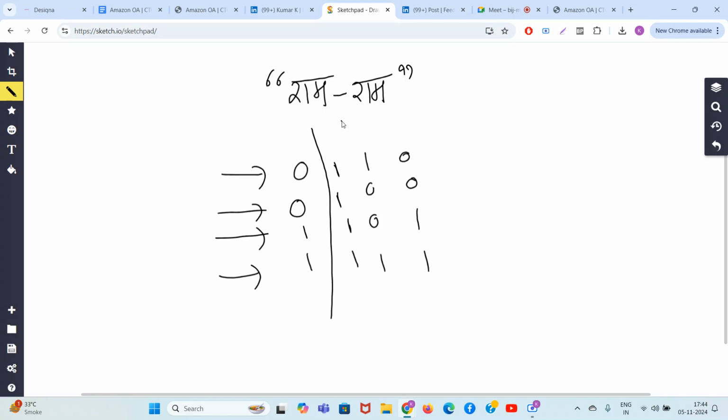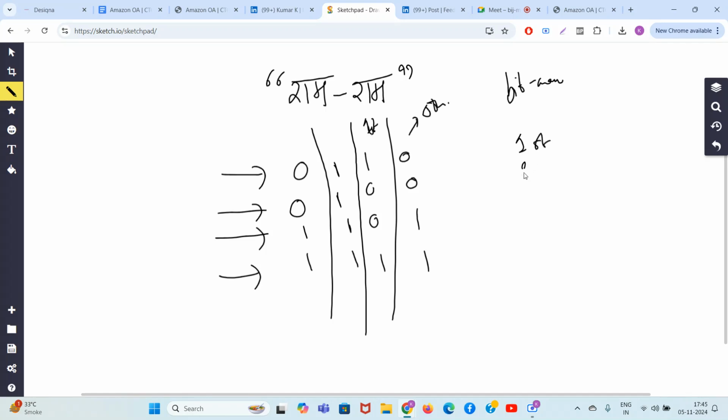You can easily calculate which number is coming in which row by using bit manipulation, bit magic. This is called the zeroth bit, the first bit of each number. This is my first number, this is my second number, this is my third number, this is my fourth number. This is the zeroth bit, first bit, second bit, and this is the third bit, right?